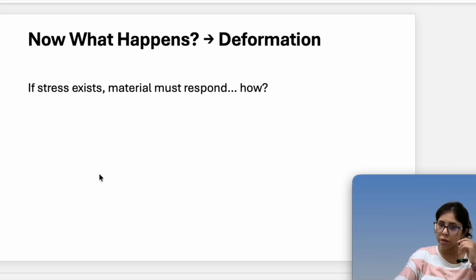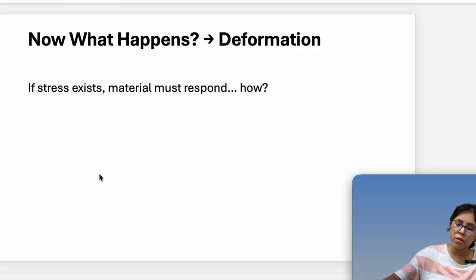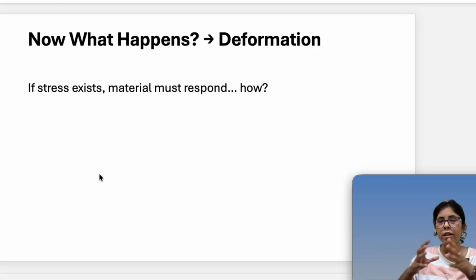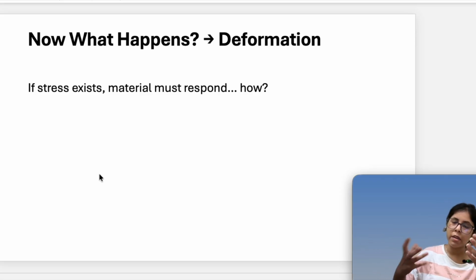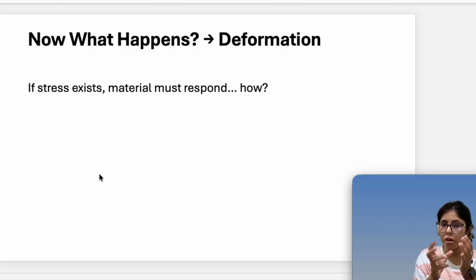Now, the next question comes. We understood that we needed to test the materials because we had to make structures, and in order to test the materials, we apply force to them. And we saw that the material was resisting the change that comes due to that force. If it is a tensile force, the material will stretch and it resists that stretch.